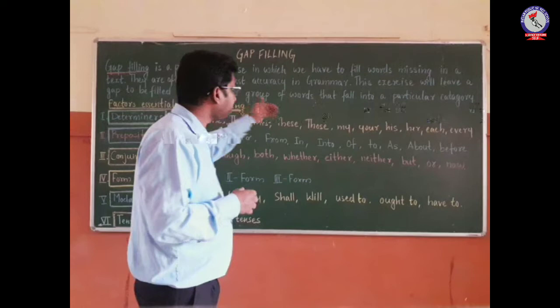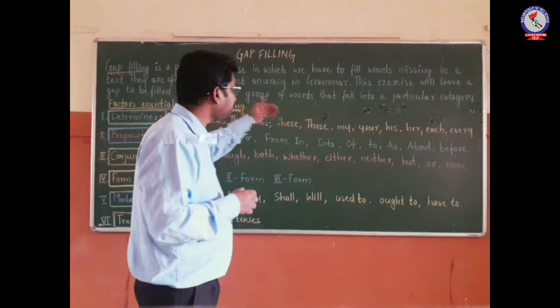So you must have thorough knowledge about determiners. Then you will be able to place the correct determiner in the gap. You must know how to use determiners to frame a sentence.